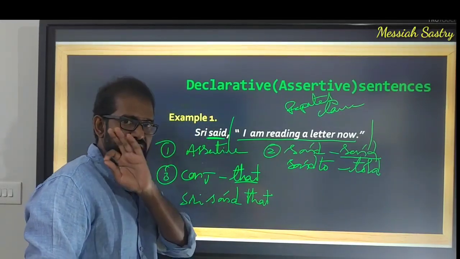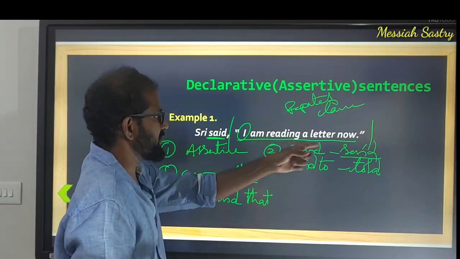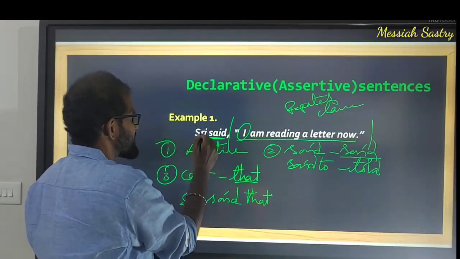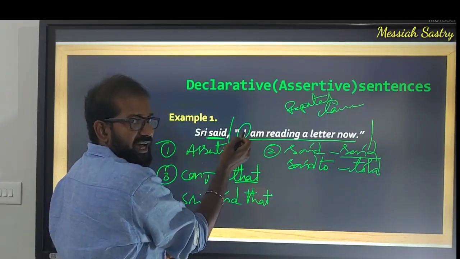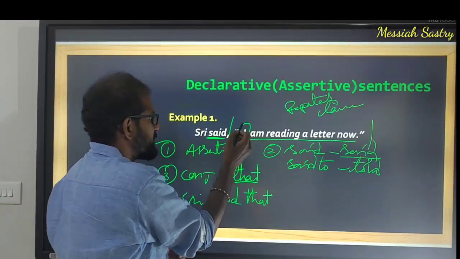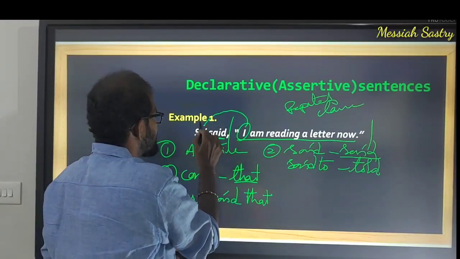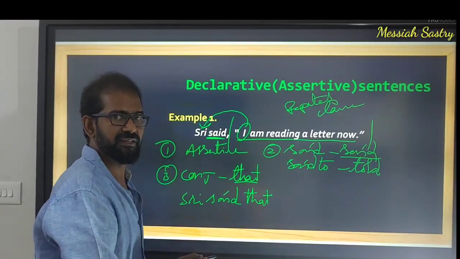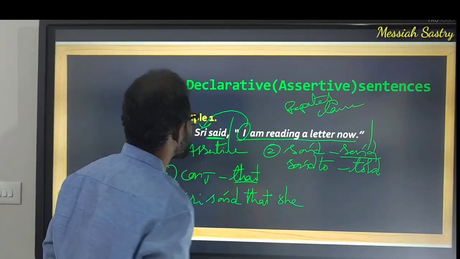I. Change of personal pronoun. I am reading a letter now. Sri said, I am reading. Who is this I? I refers to whom? I am reading. Who is reading? Sri. Sri means she.